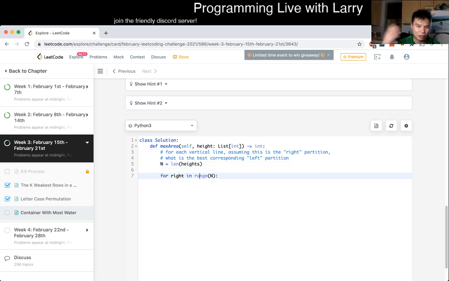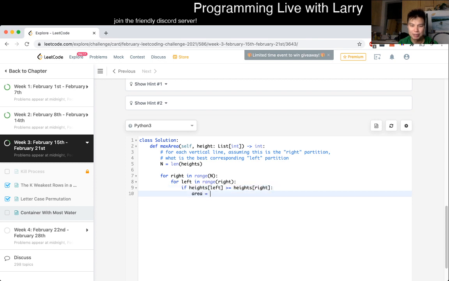The naive n squared way, which we talked about earlier, would be for left in range of right, and then if the height of left is greater than or equal to the height of right, then the area is equal to right minus left, maybe plus 1, roughly speaking, times the min of the heights, which is just the height of right.